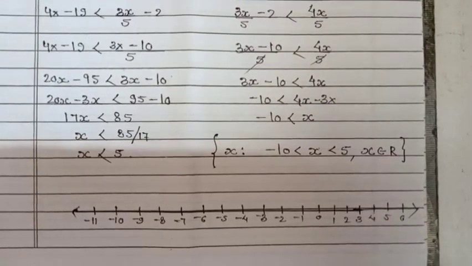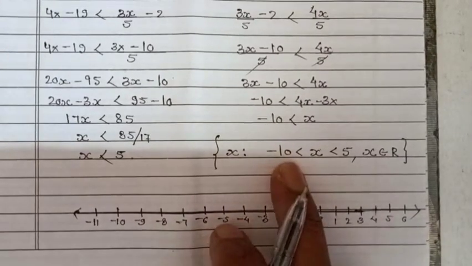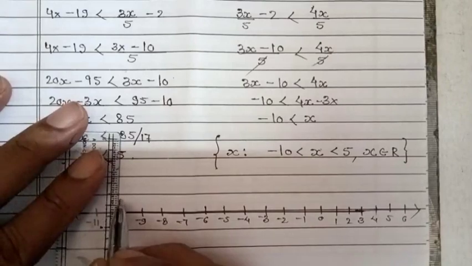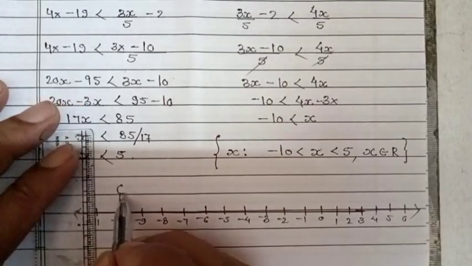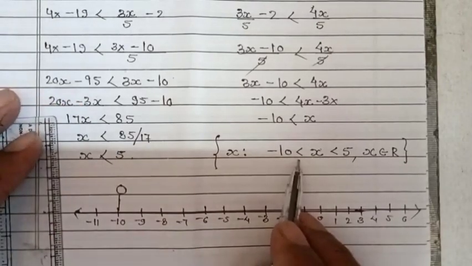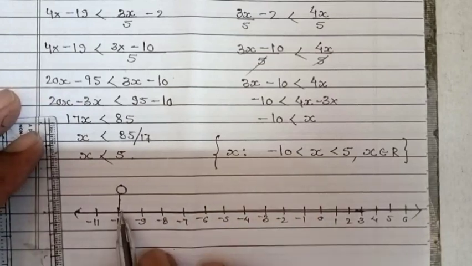Now on this number line you have to take from -10. Now as there is no inequality, so -10 is to be excluded.